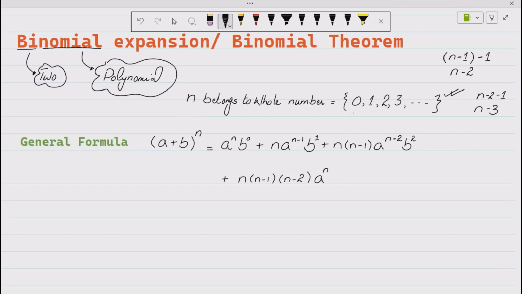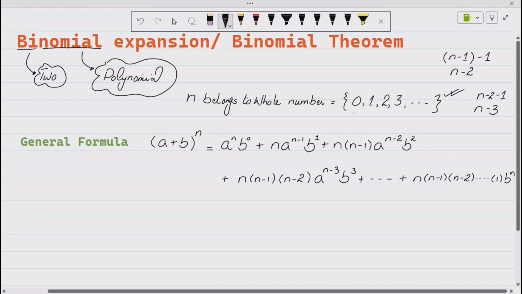So now the power of a is n minus 3, and the power of b is 3, and it will continue until we get this sequence: n minus 1, n minus 2, and so on, till 1, b raised to the power n.